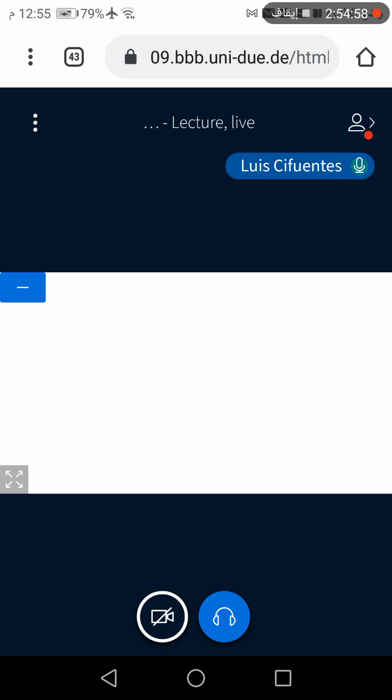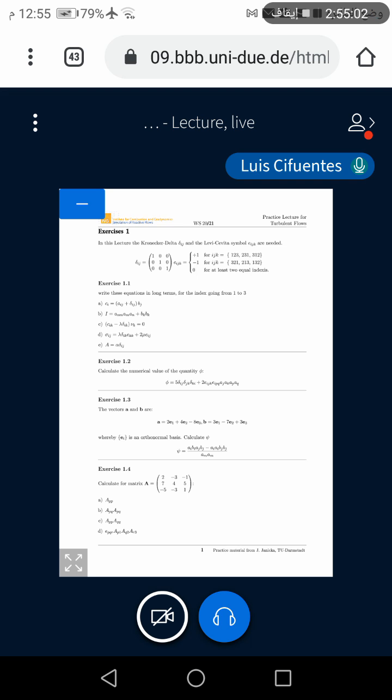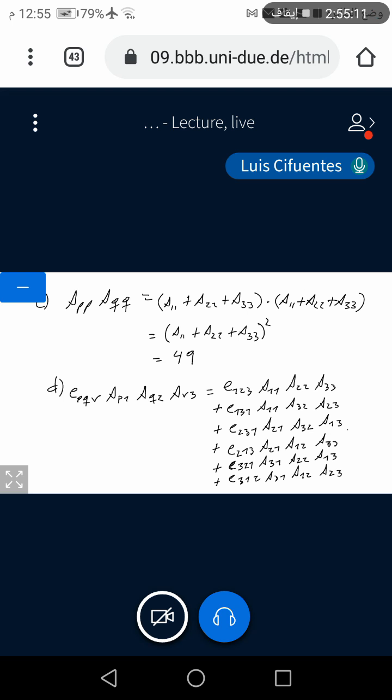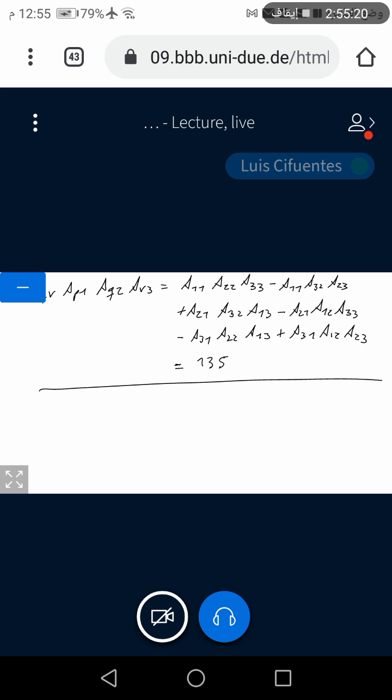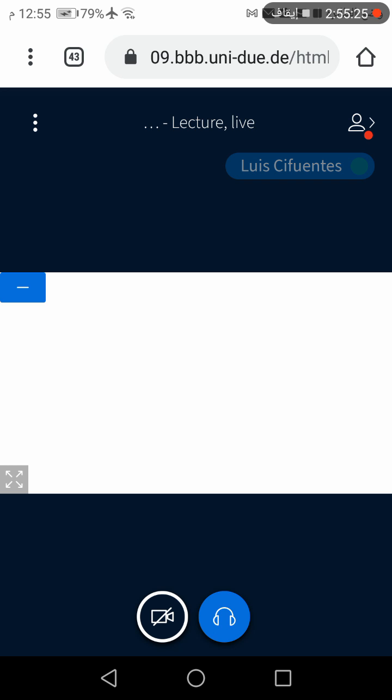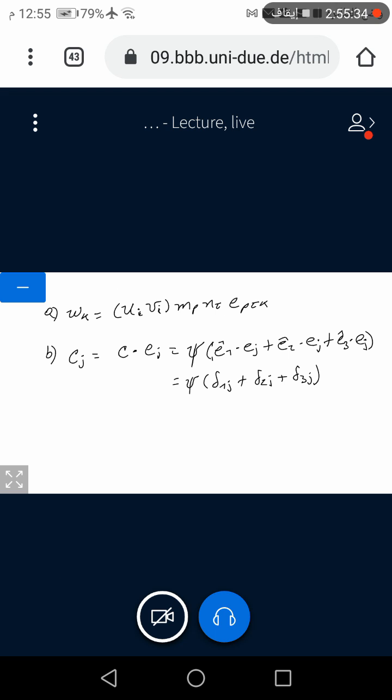Do you have any comment related to these exercises? Please let me know, or please write your questions in the chat, or just use the microphone. 1.4, okay.